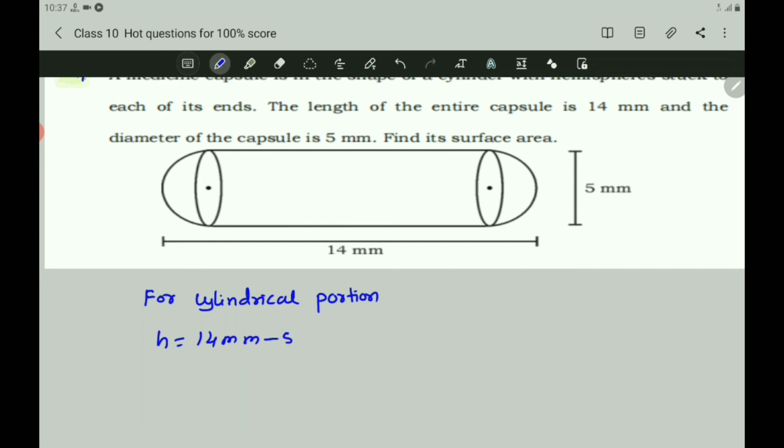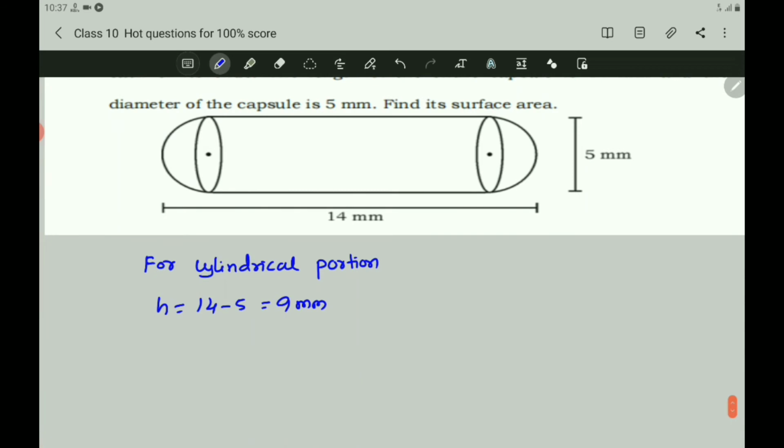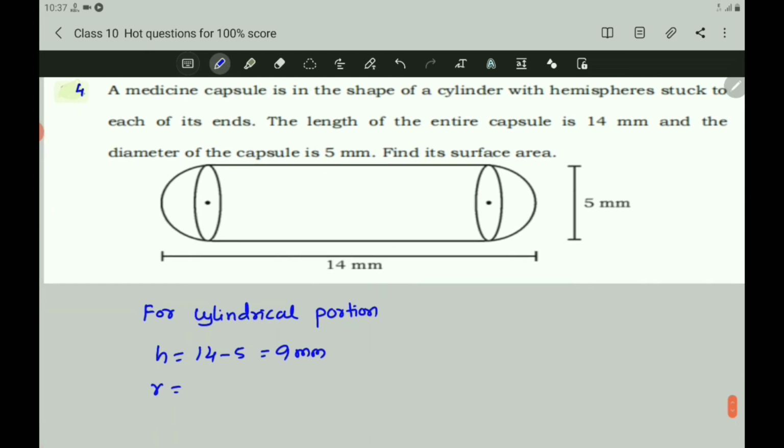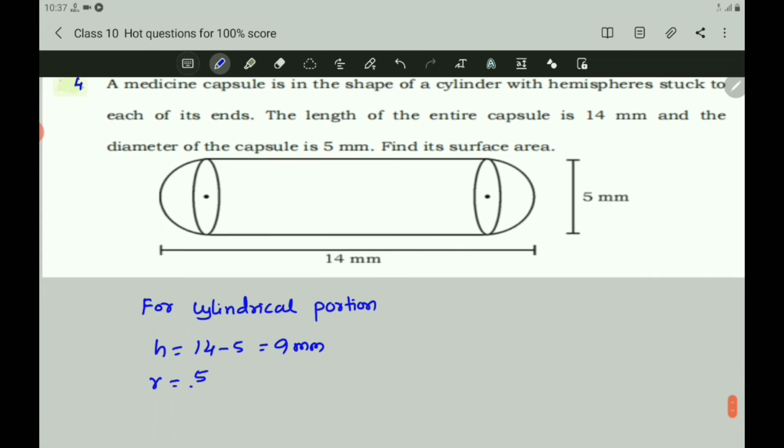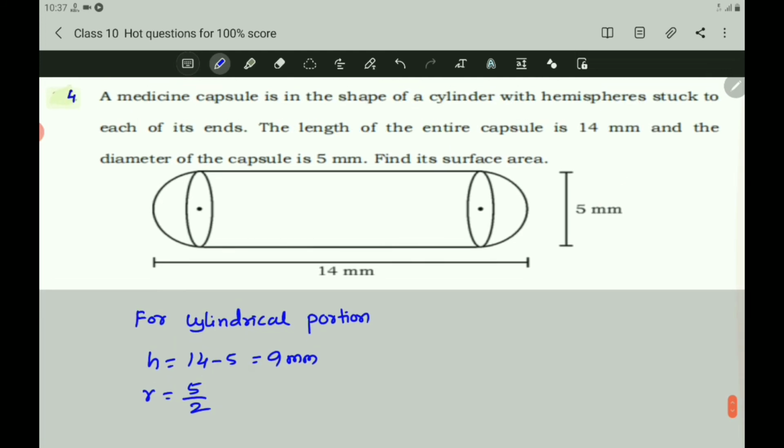So you cancel 5 here: 14 minus 5 equals 9 mm. Then r, the radius, is half of the diameter, that is 5 by 2 mm.